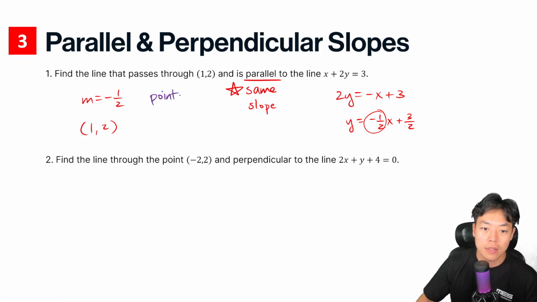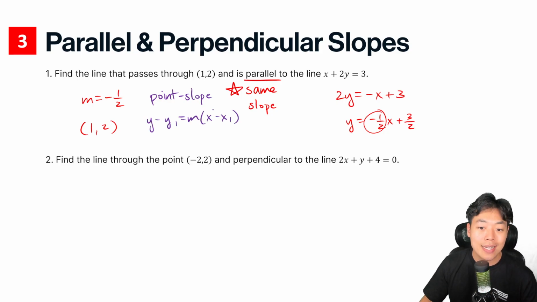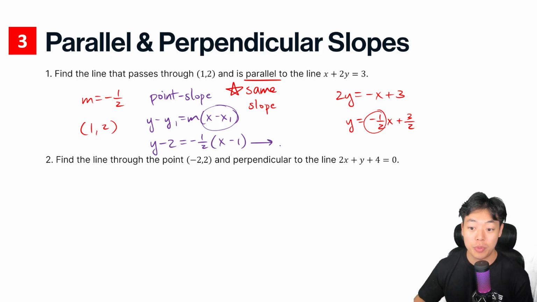Point slope form is y minus y sub 1 equals m times x minus x sub 1. If you notice, divide both sides by this, and you'll get back to the slope formula, rise over run. So keep that in mind. There's that connection. y minus 2 will then equal negative 1/2 times x minus 1. We can distribute this out, simplify, and we'll get something like 1/2 plus 2, which will be 5/2.